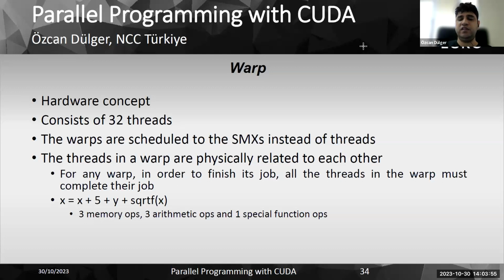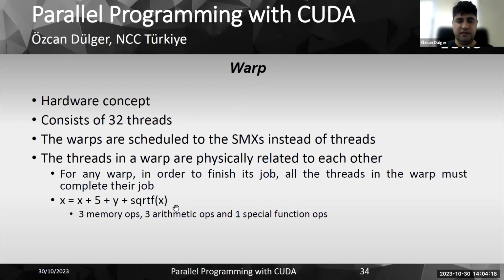So when all the threads complete their job, the job of the warp is also completed, and another warp is scheduled to the cores. I will show you examples about it.